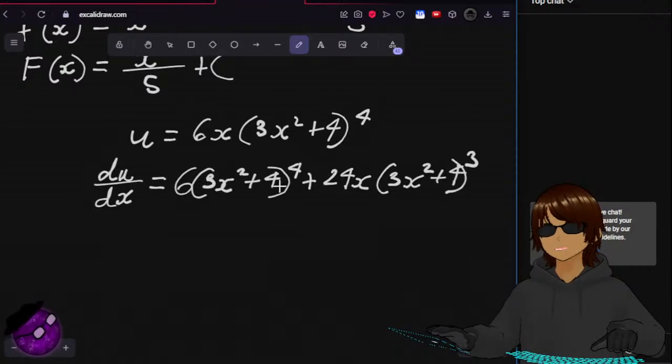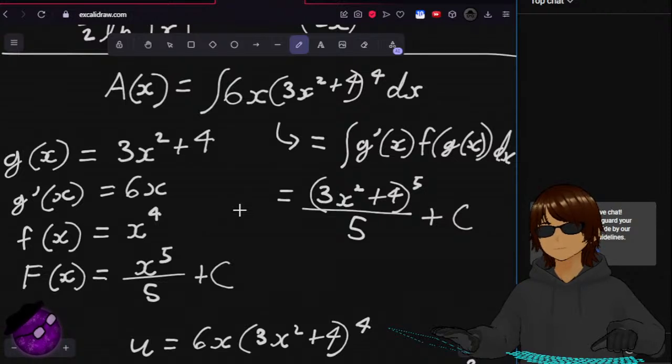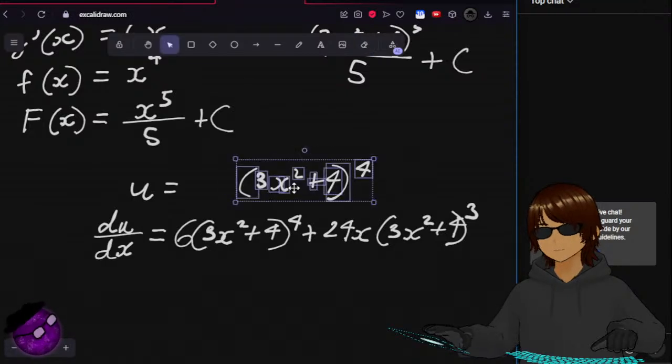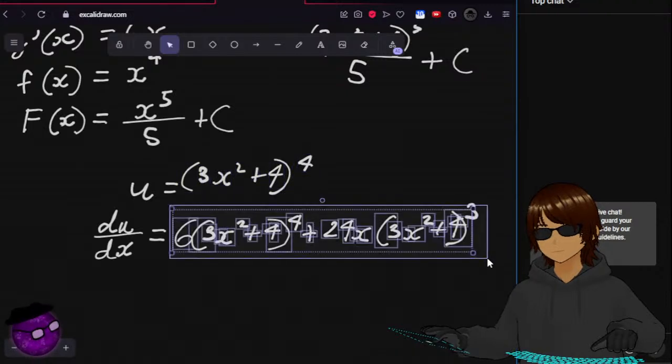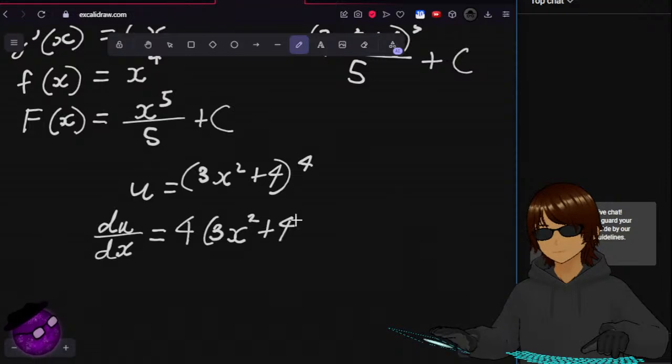This is getting more complicated. What if I choose u as just this? Hold on. Three x squared, which is 6x.